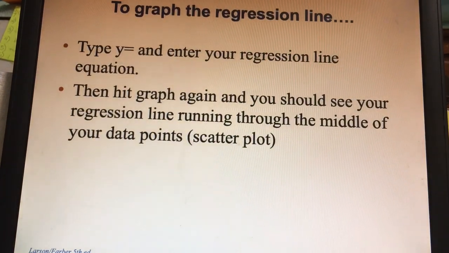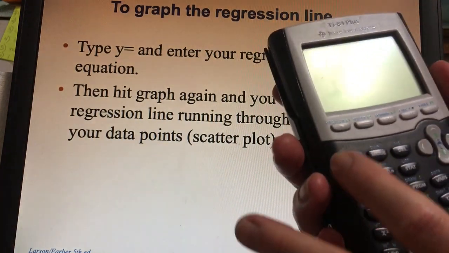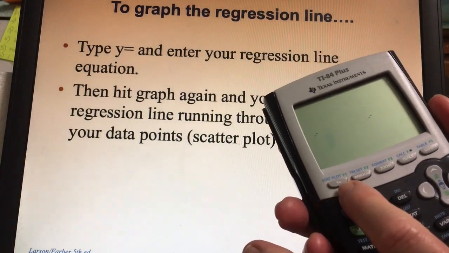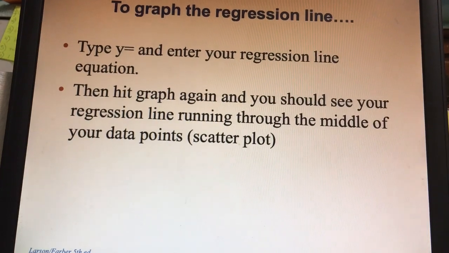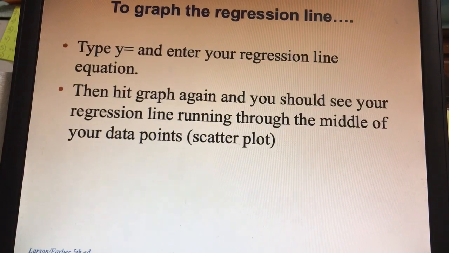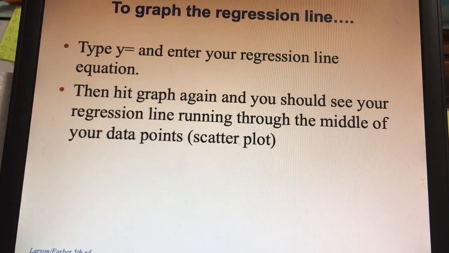Okay, so to graph the regression line, type Y equals and enter your regression line. So your Y equals line is right here. So you're going to type in that line, and you're going to enter your Y equals. Then you're going to hit the graph again, and you should see your regression line running through the middle of your data points.